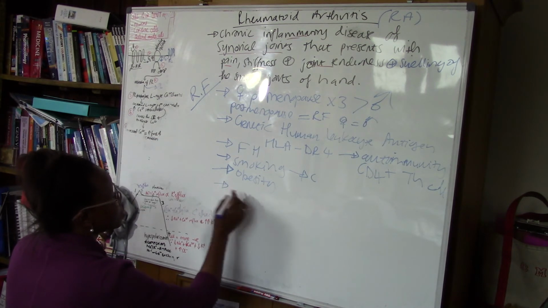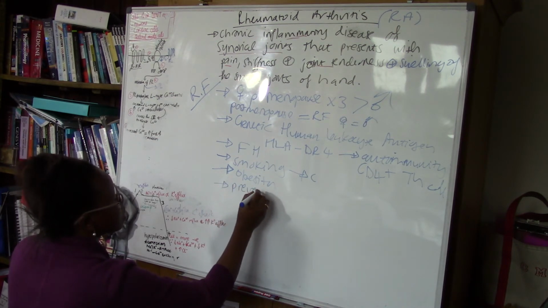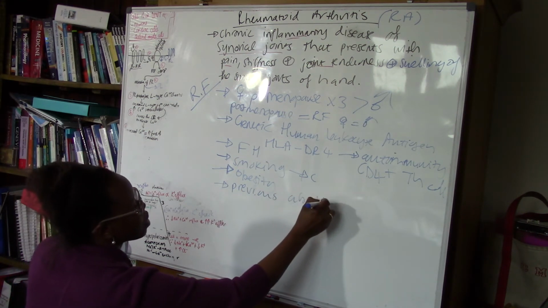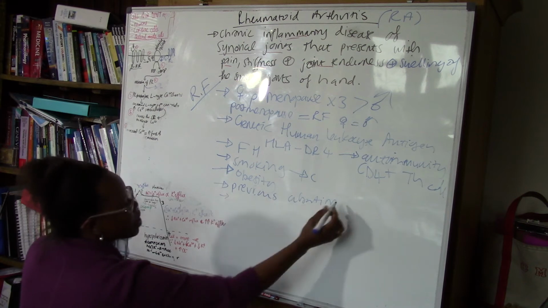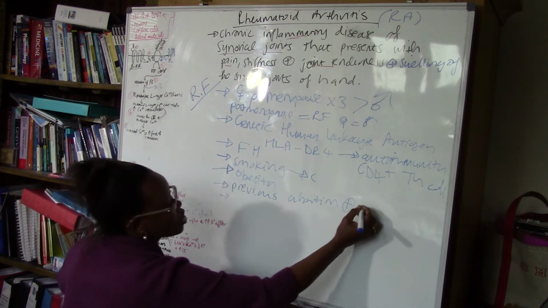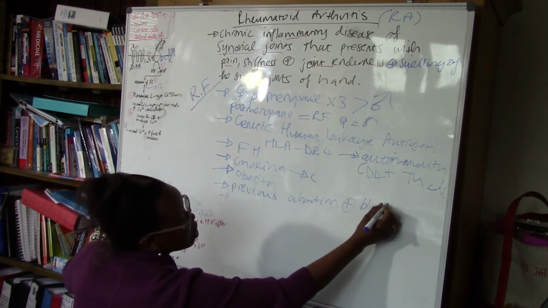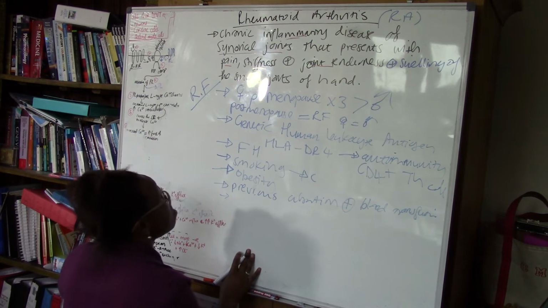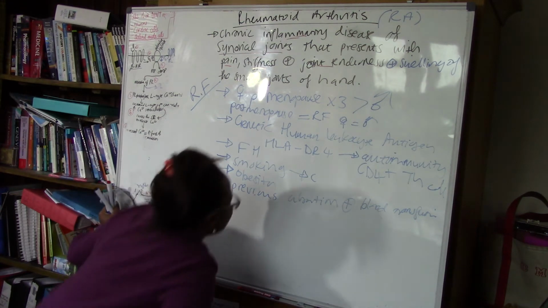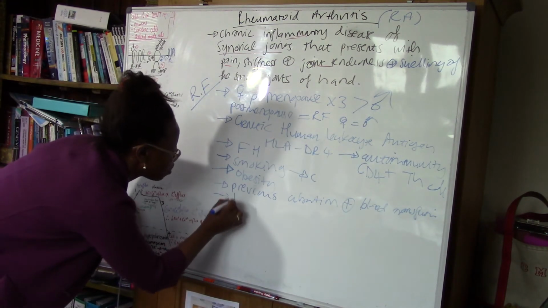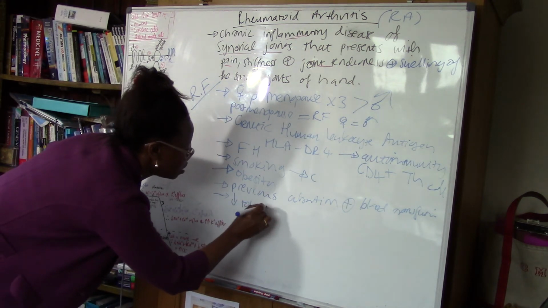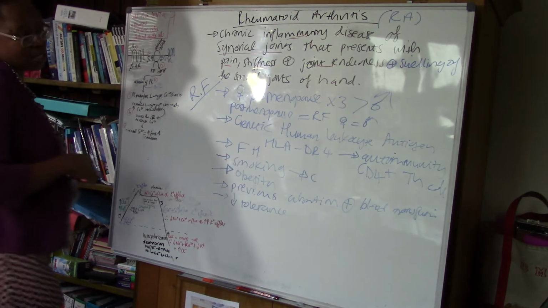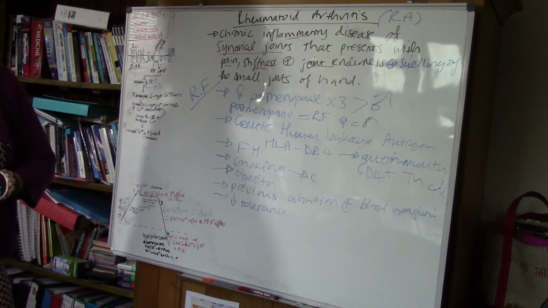Other risk factors will include a previous abortion, or previous recipient of blood, so blood transfusion. And reduced tolerance. Obviously, again, leading to the propensity to develop autoimmunity.